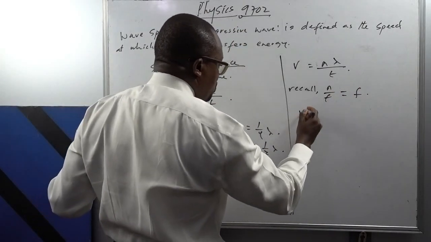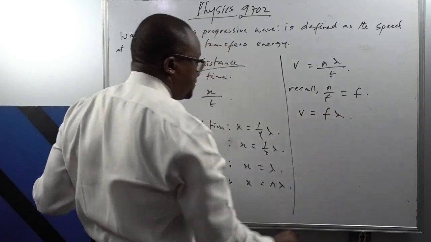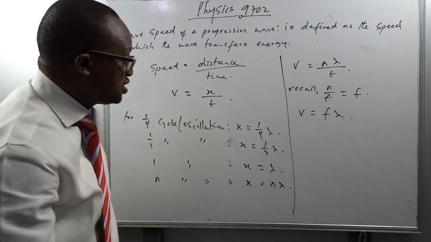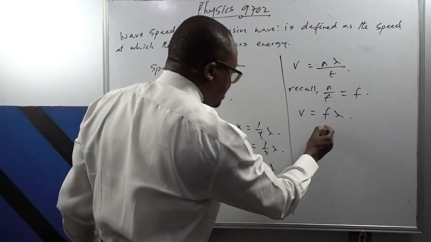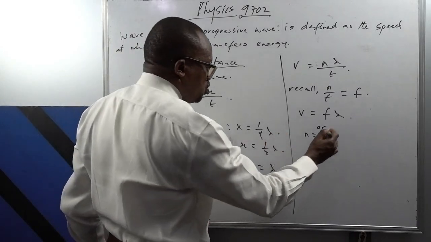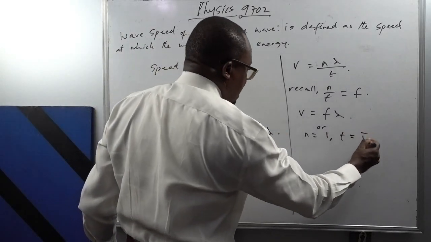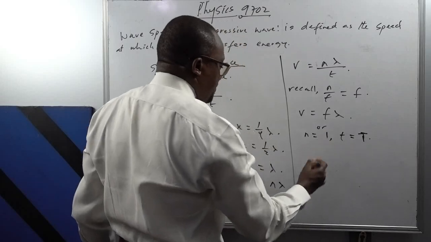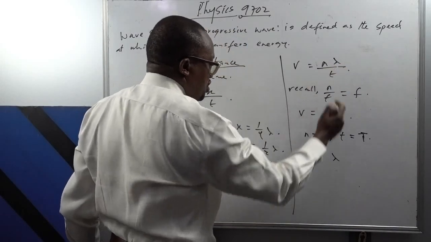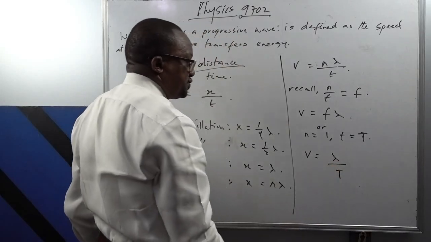Therefore, the wave speed will be given as what? f lambda. f is frequency, lambda is wavelength. Or I can say that when the number of cycles completed is 1, the time taken to do that is the period. So from here, v becomes 1 wavelength covered in a time of one period.